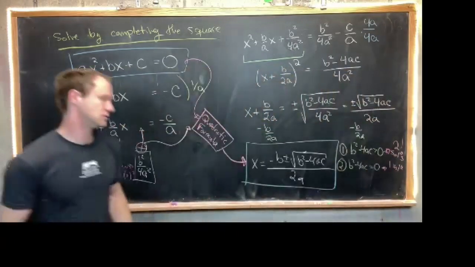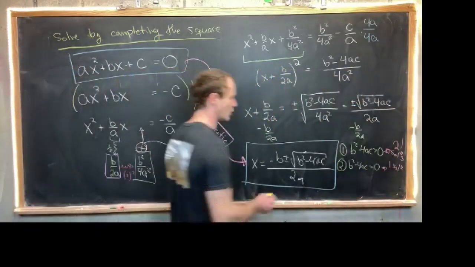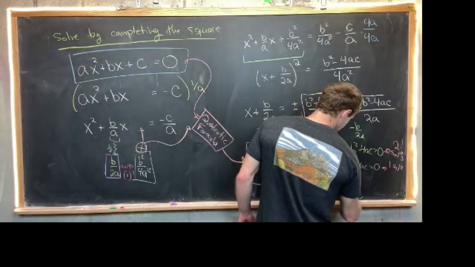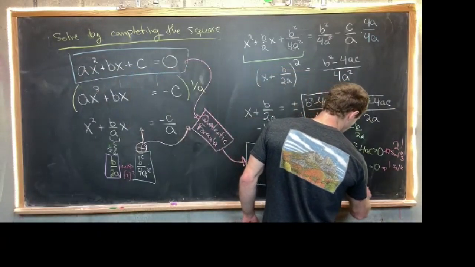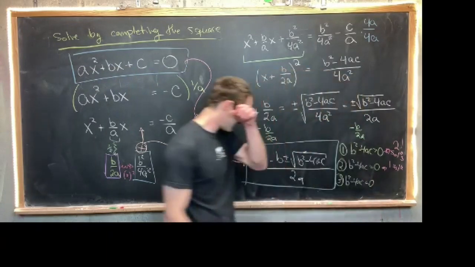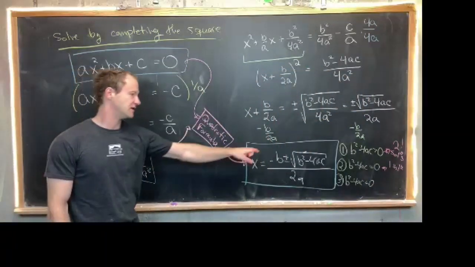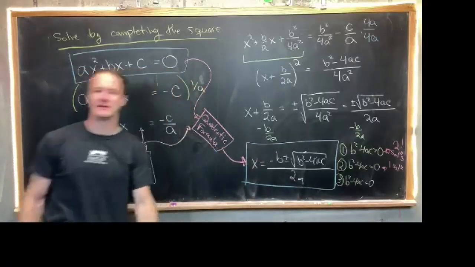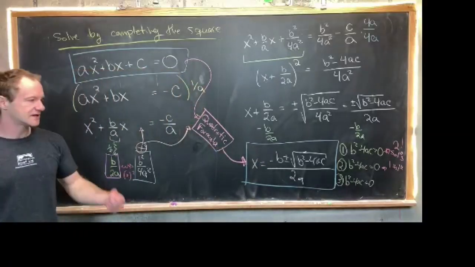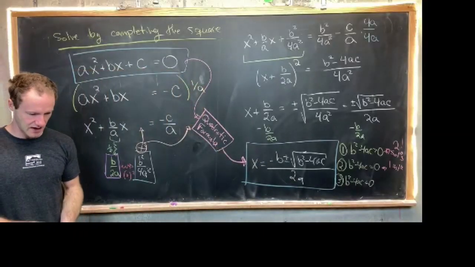And then there's going to be one more case, and that is what if it is negative? If b squared minus 4ac is less than 0, then you have a square root of a negative number. But for us, square roots of negative numbers don't exist.